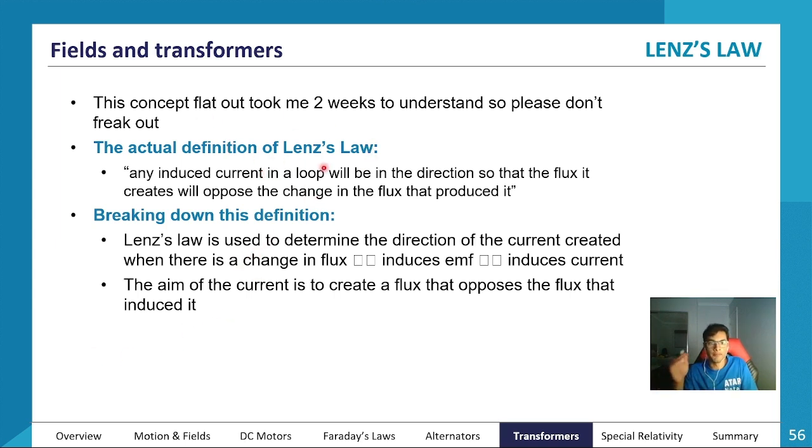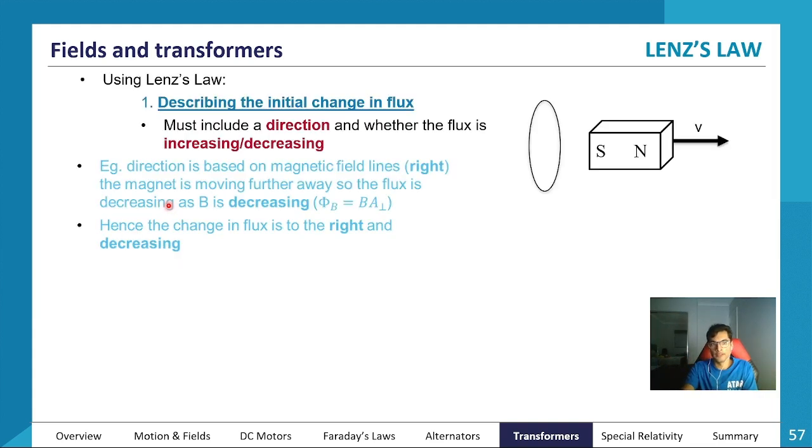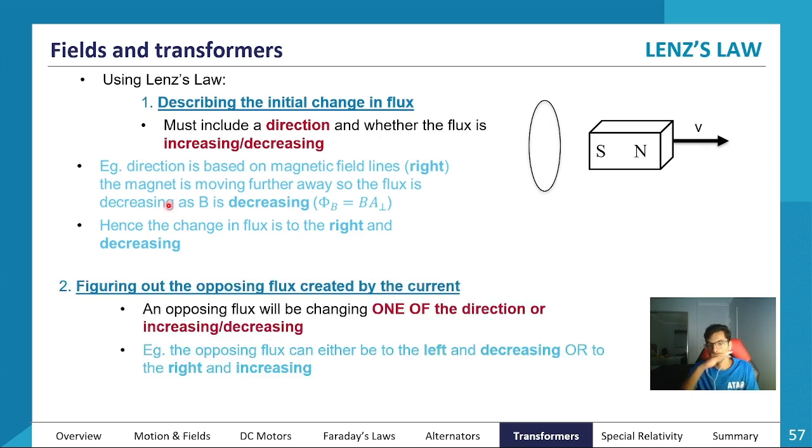Just because of time, I have to skim over this, but what Lenz's law is saying is that any induced current in a loop will be in a direction such that the flux it creates will oppose the change in flux that produces it. To put it more simply, if we have this scenario where this is a coil and this is a magnet, and the magnet is moving away from the coil, the flux is decreasing as the magnet moves away.